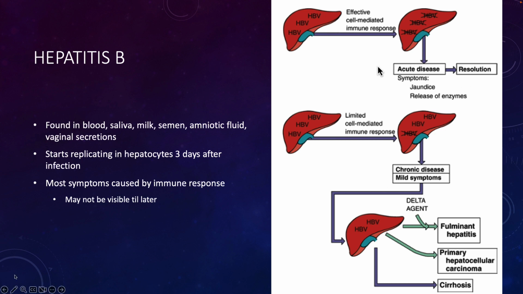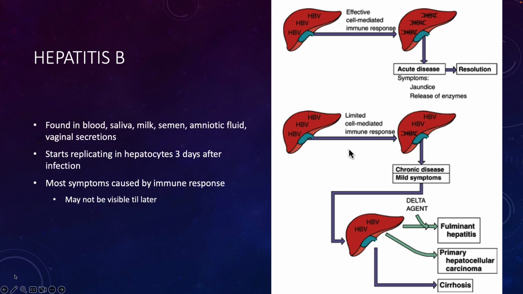In our patients with an effective cell-mediated immune response, those cells, specifically our cytotoxic T cells, are going to be really great at eliminating cells that are infected with hepatitis B virus. And that's going to lead to those symptoms of jaundice, the release of liver enzymes, but also is going to help lead to resolution of the infection.